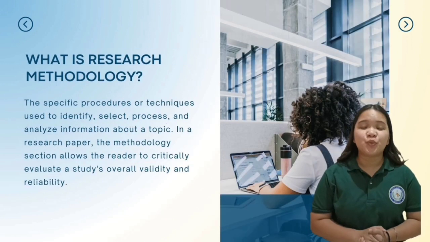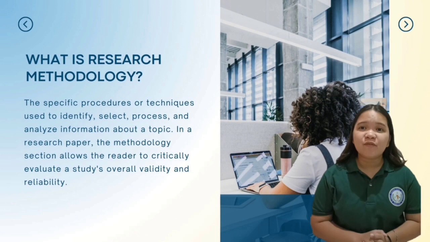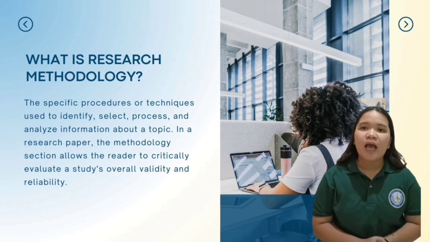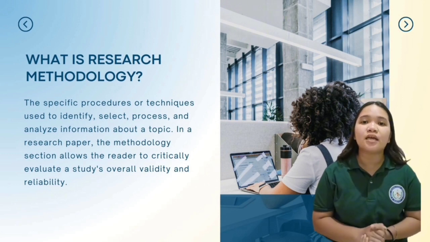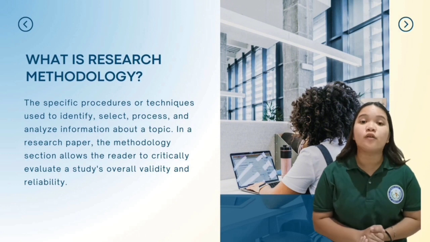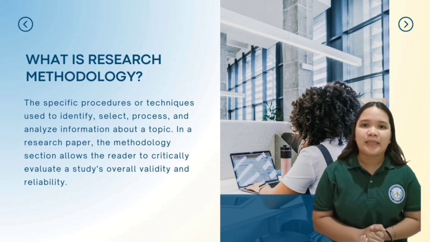What is research methodology? The specific procedures or techniques used to identify, select, process, and analyze information about a topic. In a research paper, the methodology section allows the reader to critically evaluate a study's overall validity and reliability.